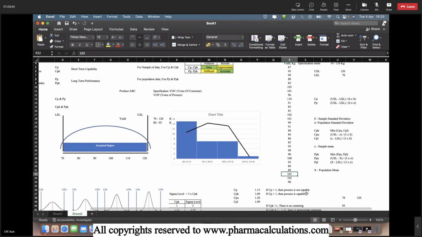Let's try to correct on the higher side now, that means above 100. The data points which are above 100, we'll try to correct. Here we got 110, so let's make it 100. Now see how it has increased, and this, let's make it 101, further increased. So this is how these values are going to vary.